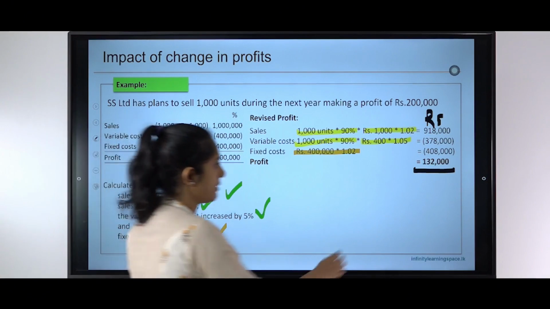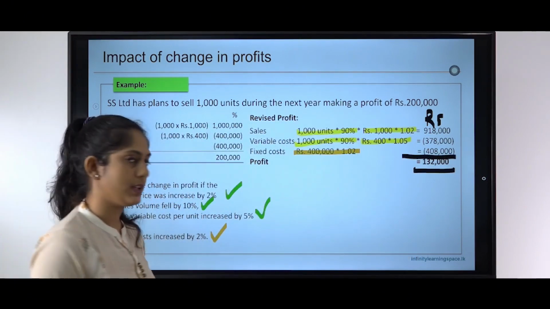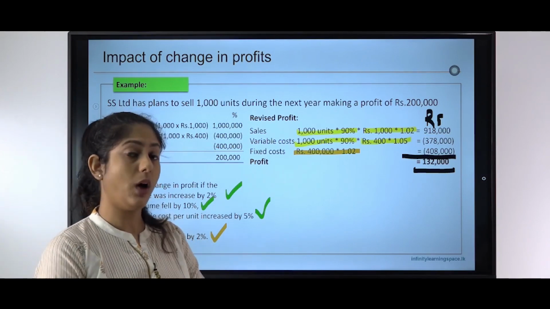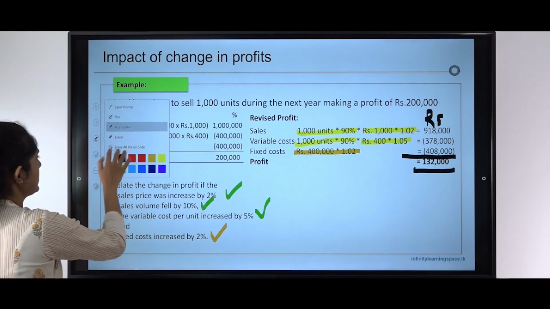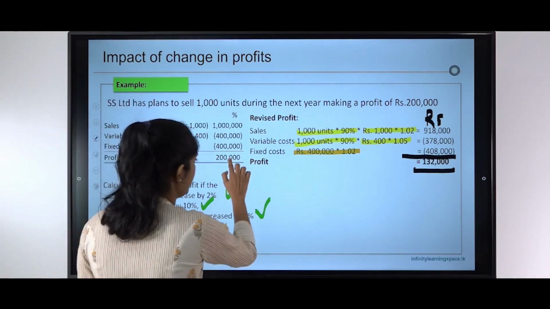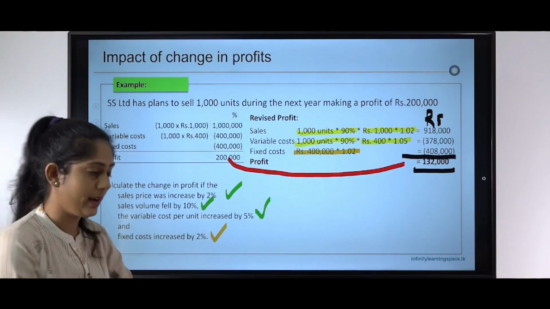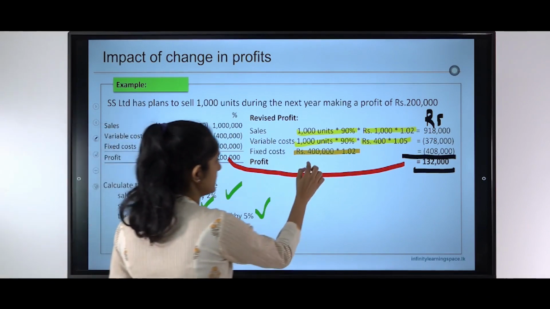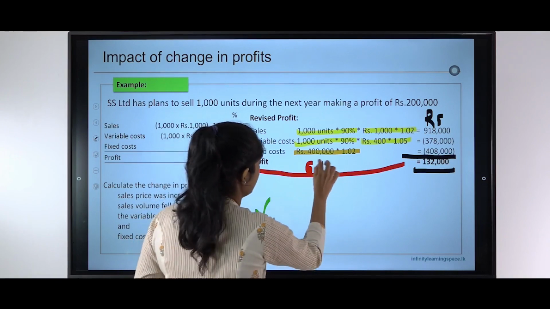Your previous profit was 200,000. New profit is 132,000. What is the change in my profit? How much did it change by? If you take it in numbers, 200,000 reduced to 132,000. So the difference is 68,000, right?